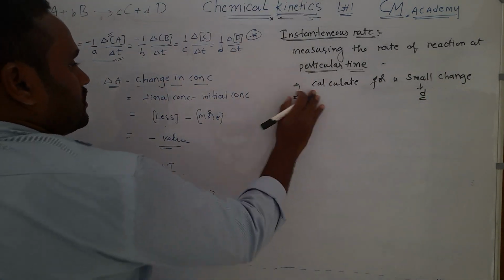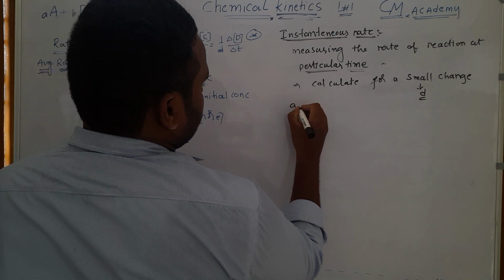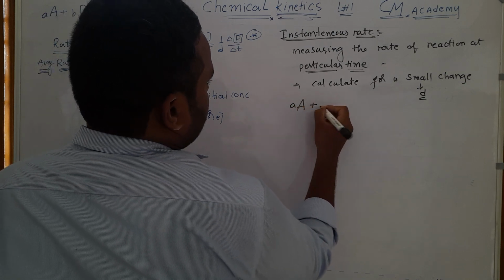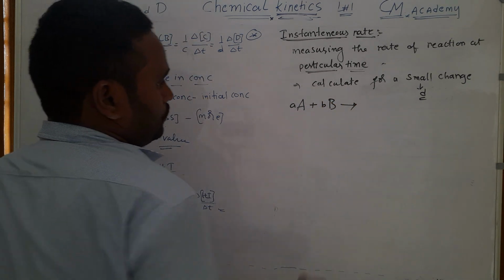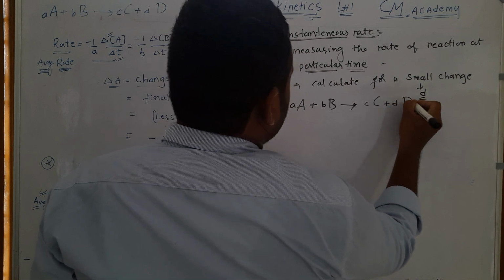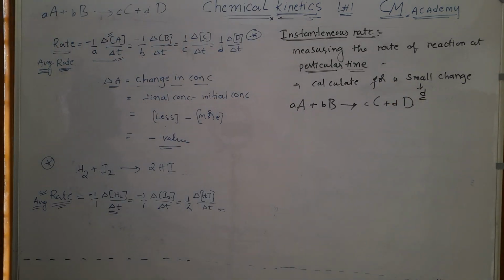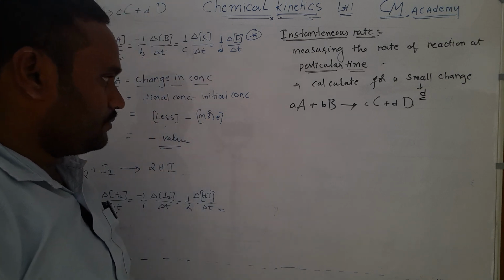Okay. So for this hypothetical reaction, how can we write the instantaneous rate? a moles of A reacts with b moles of B, which gives rise to c moles of C plus d moles of D.